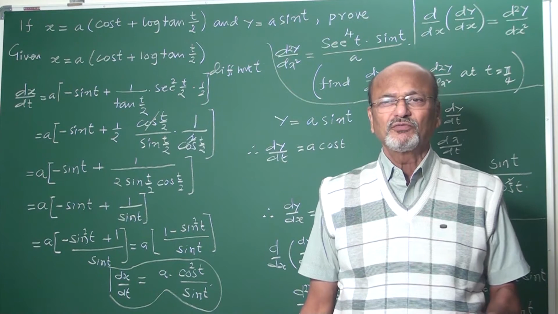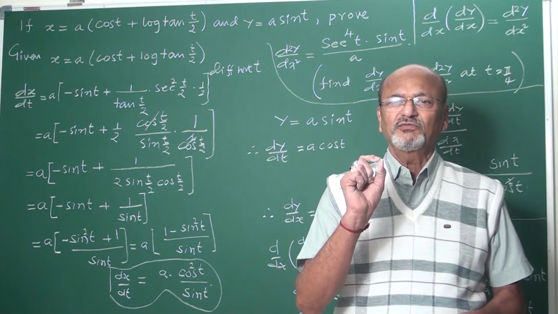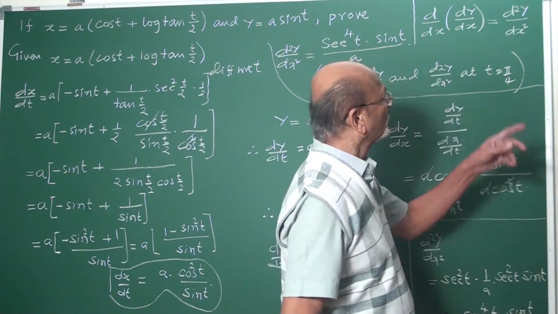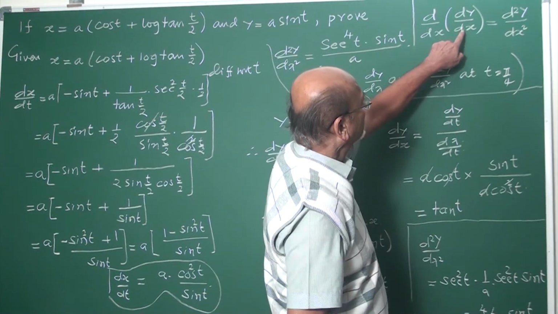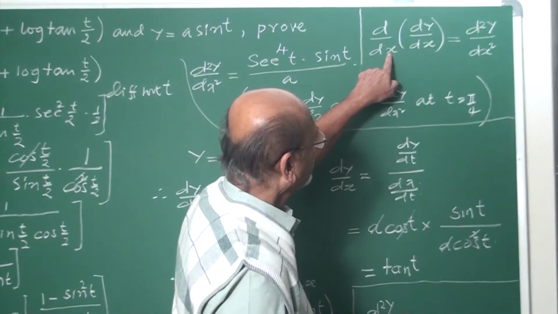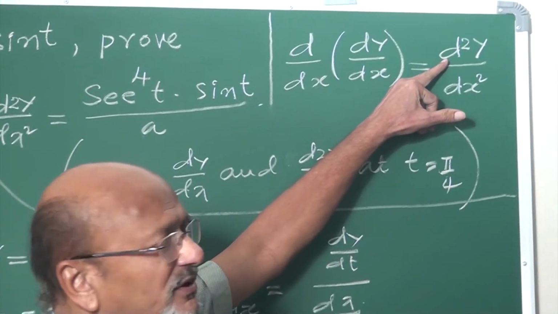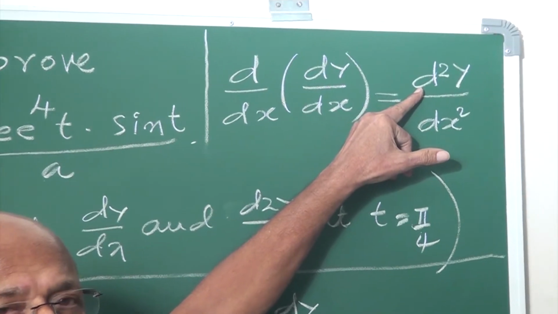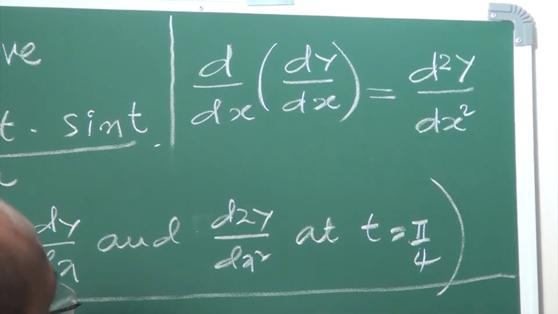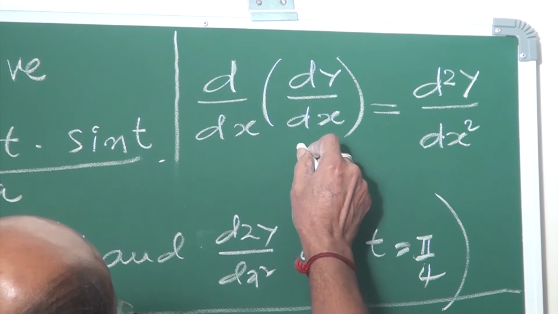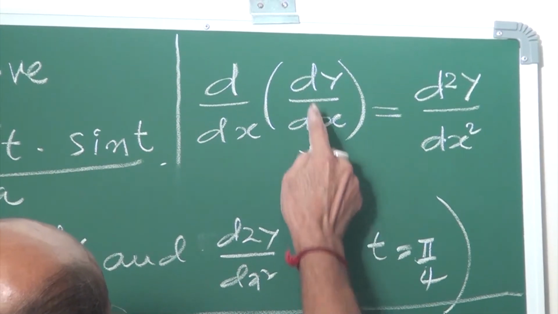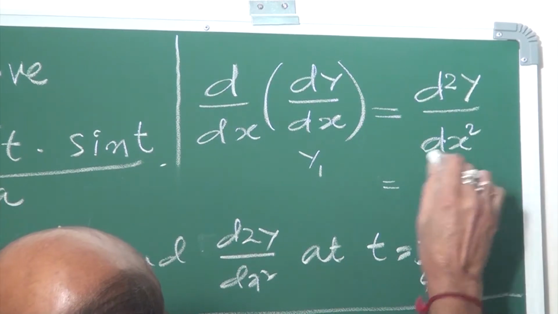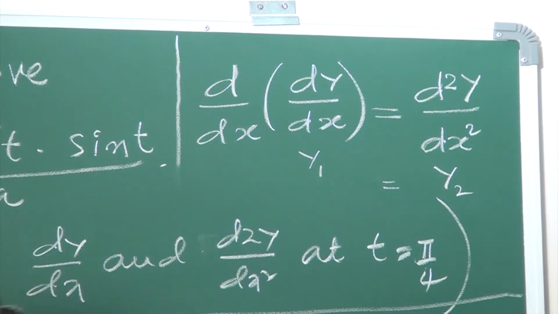And you know, if you differentiate the first derivative with respect to x, you get the second derivative. The symbol to denote the second derivative is d2y by dx2. I told you d by dx of y is y1, and the second derivative is y2.